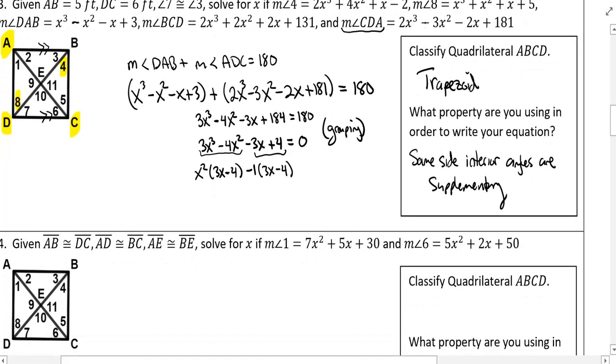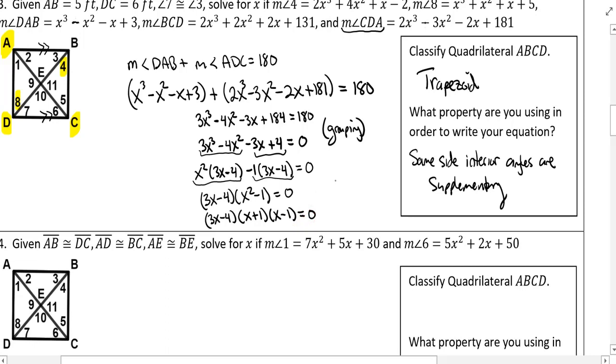Since both terms have the same factor, 3x minus 4, we're going to factor out a 3x minus 4, and we're left with x squared minus 1. The x squared minus 1 is a difference of two perfect squares, so that factors to x plus 1 times x minus 1.